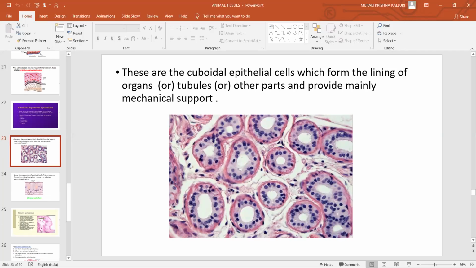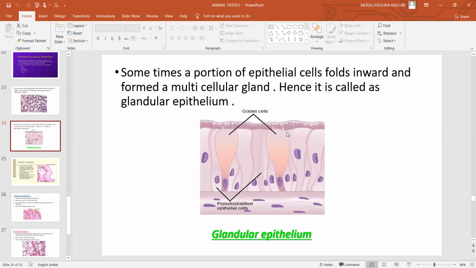Next. Sometimes a portion of the epithelial tissue, the epithelial cells, fold inwards and form a multicellular gland.